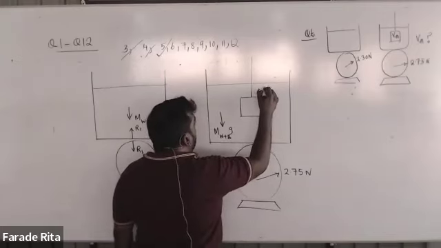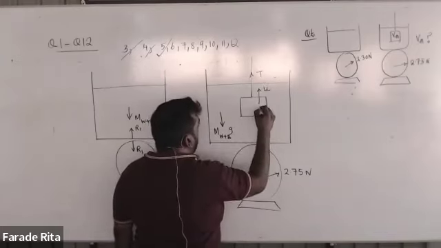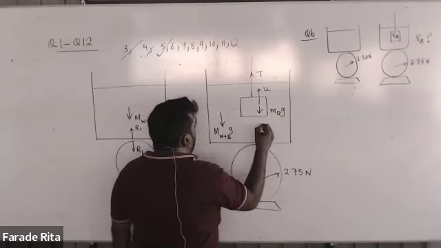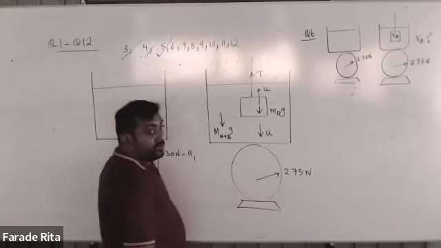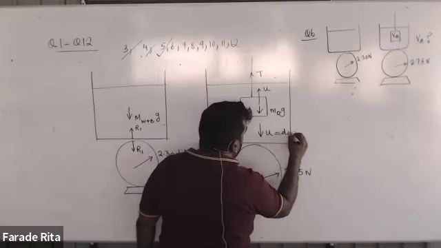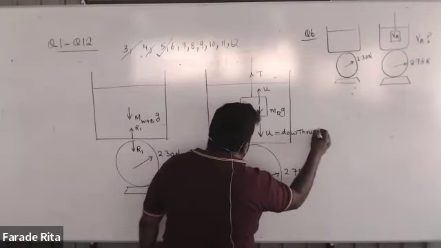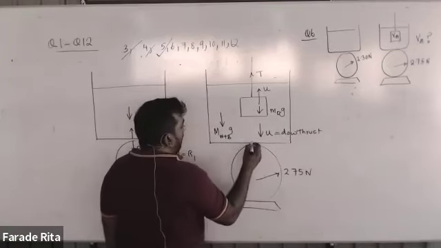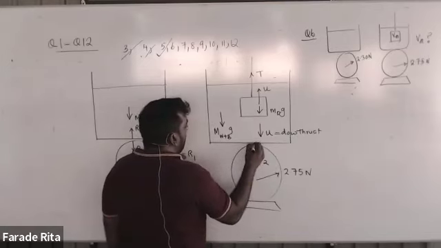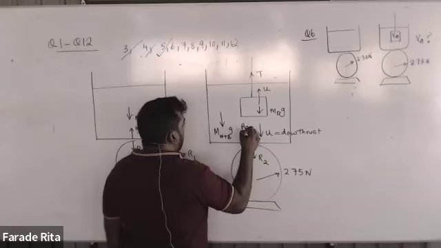Here there is upthrust, here there is tension, here there is weight of the object. If there is upthrust, there is also what? Downthrust. Downthrust is there. Here the beaker is pushing the scale down, and the scale is pushing the beaker up.